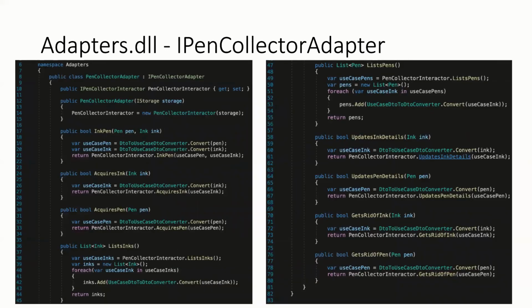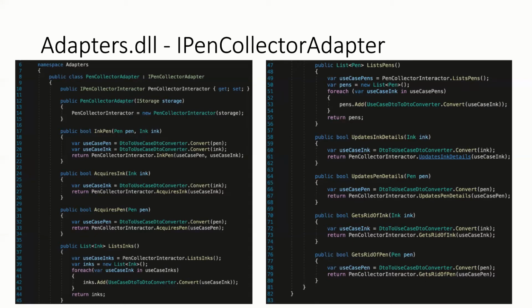If we have a look at something like list pens, you can see we're using a pen collector interactor, which is injected into the constructor, and which has the storage injected into it. On line 47 on the right, list pens uses the use cases to list the pens, but we convert the use case DTOs to the adapter DTOs before we return them.